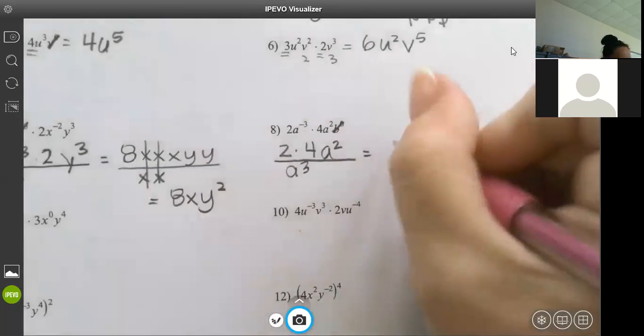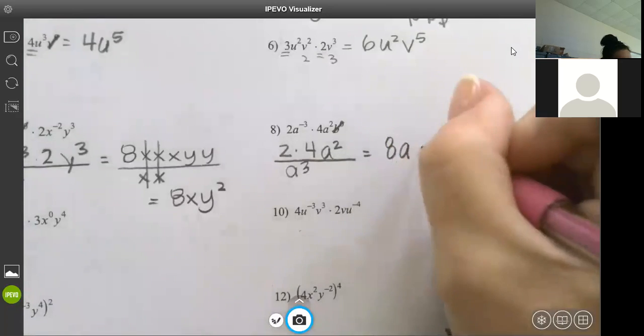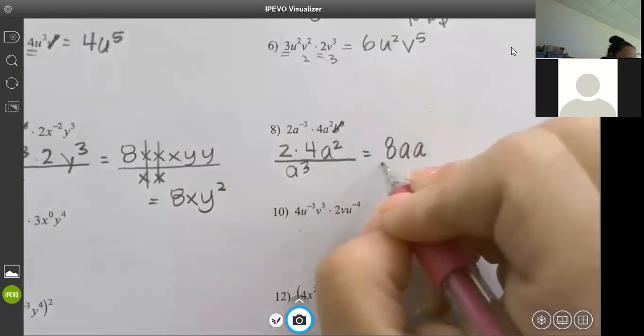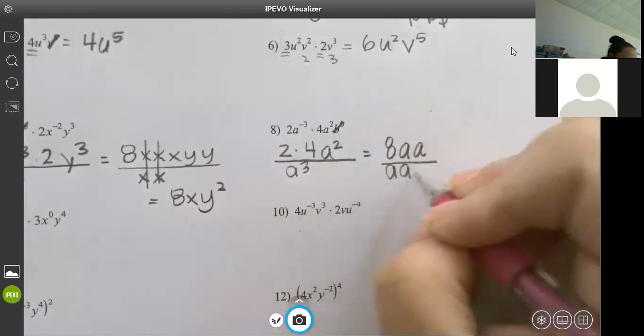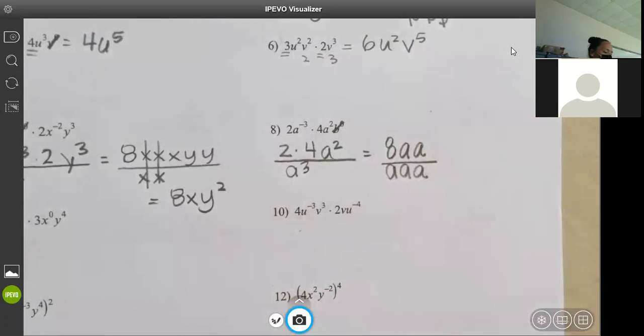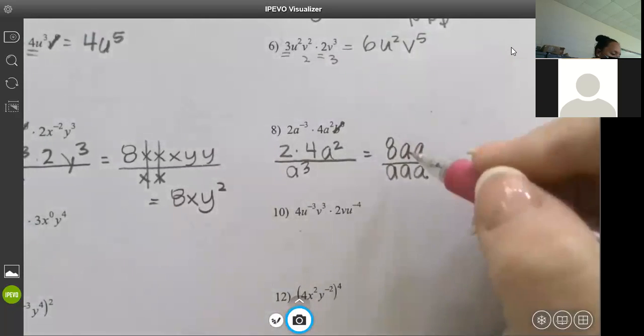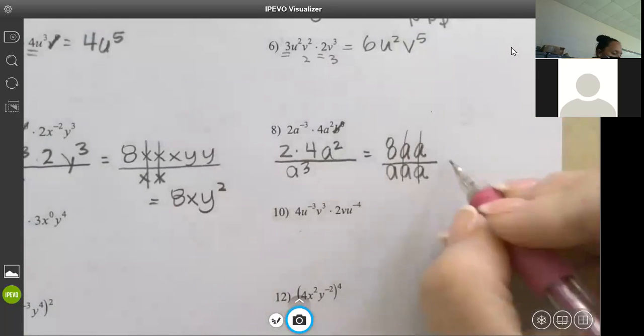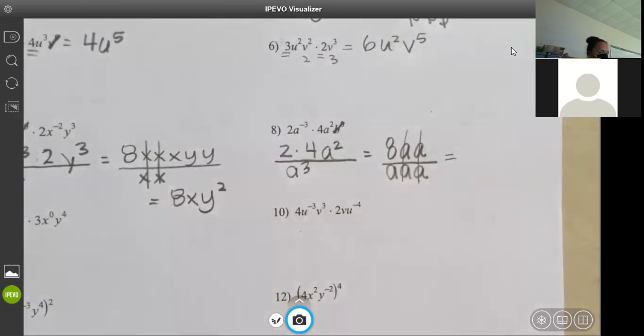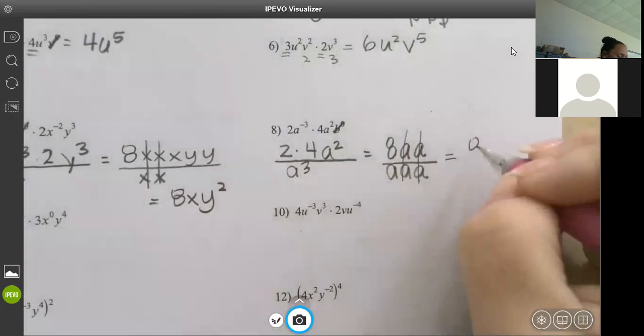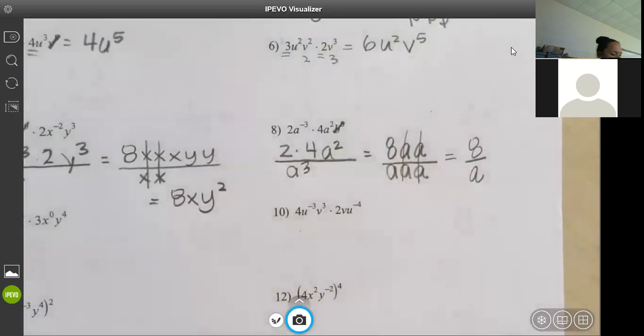So on the top, we have 8 and 2 a's. On the bottom, we have 3 a's. Mark out what's the same on the top and the bottom, and then write what's left over, an 8 on top and an a on the bottom.